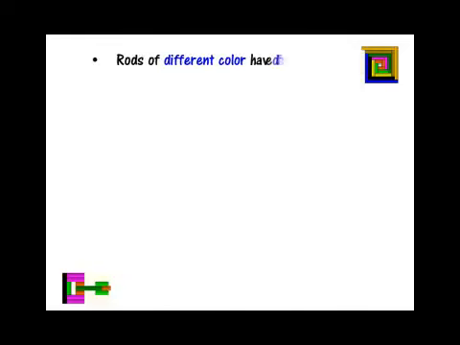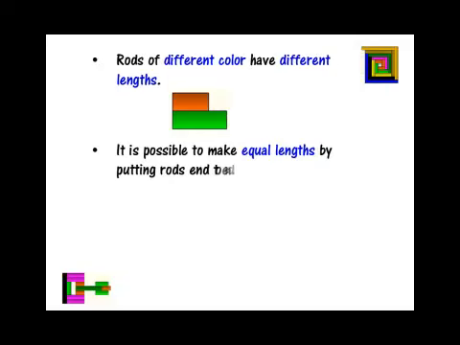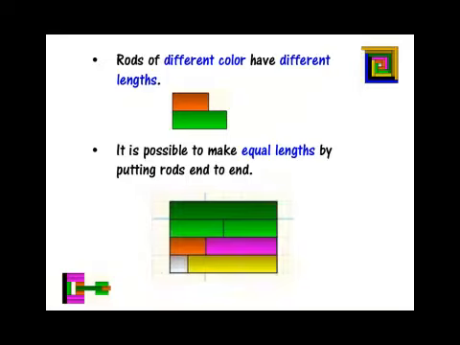Rods of different color have different lengths. Your child will discover as they play that it's possible to make equal lengths. They won't think of them in those terms straight away, but it's possible to make equal lengths by putting rods end to end. And we saw how that panned out. Let's have a look.